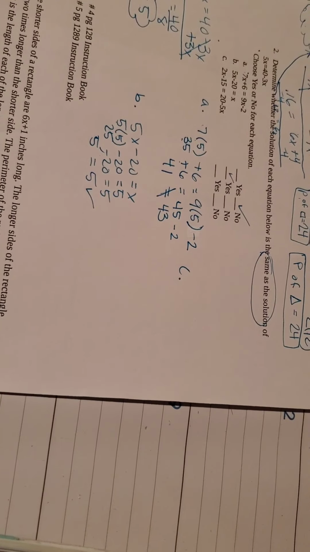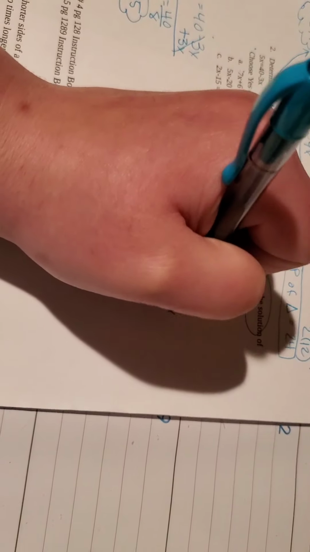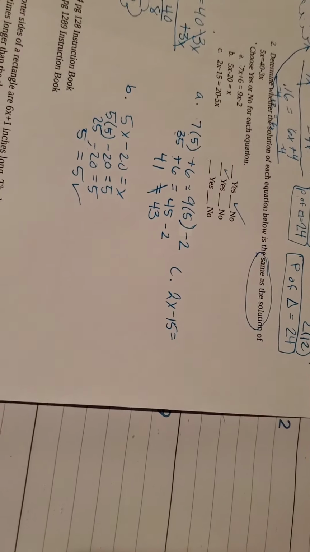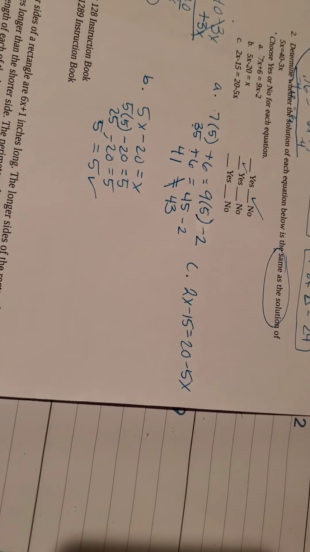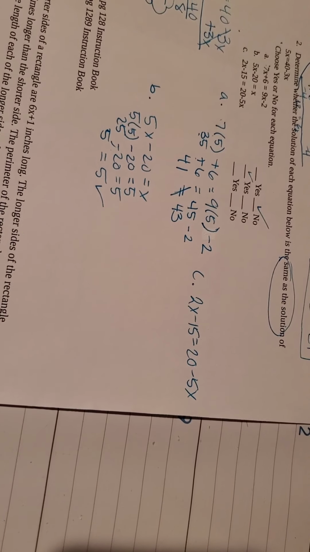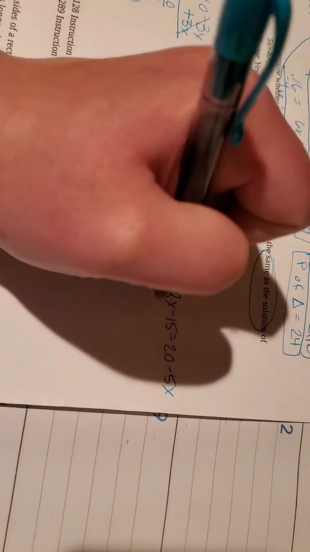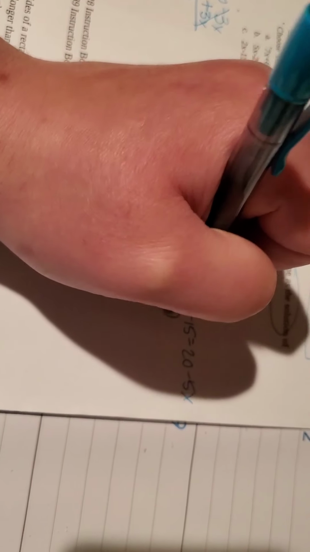Now we have one more here. C, 2x minus 15 equals 20 minus 5x. First thing we've got to do is plug in that 5 wherever we see an x.